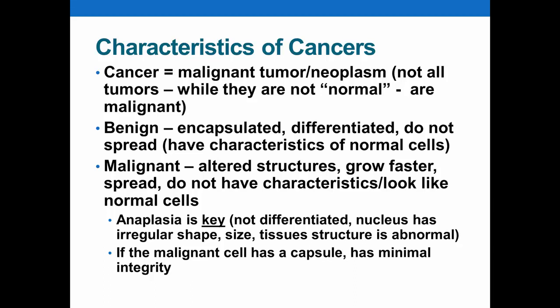If the malignant cell has a capsule, it has very little integrity. But these anaplastic characteristics, or the characteristics of malignant cells, the ability to have different structures, grow faster, and spread, allows the cancer to actually spread to other structures like vessels and lymphatics.